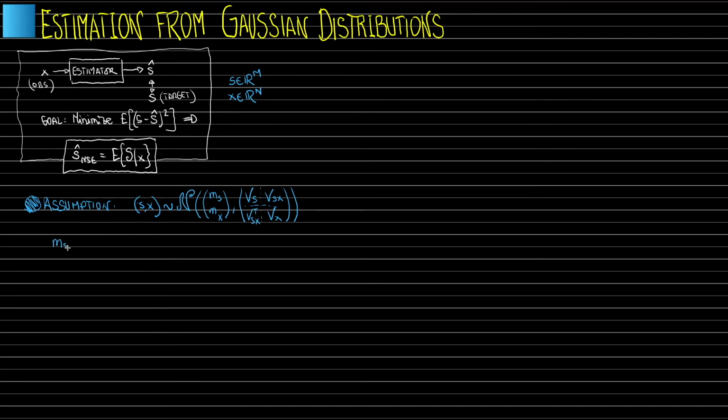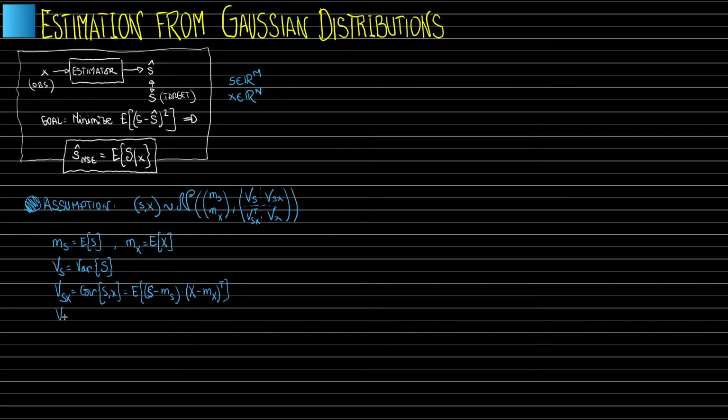So, well, all these parameters of the Gaussian distribution have a statistical interpretation. ms is the expected value of s, mx is the expected value of x, vs is the variance of s, vsx is the covariance of s and x, that is the expected value of s minus ms times x minus mx transpose.